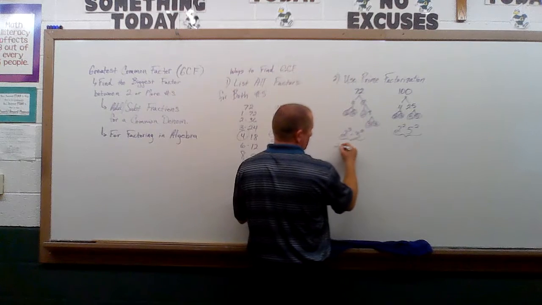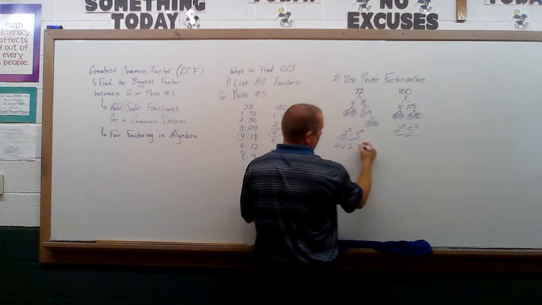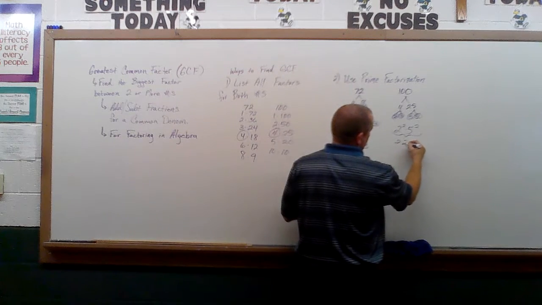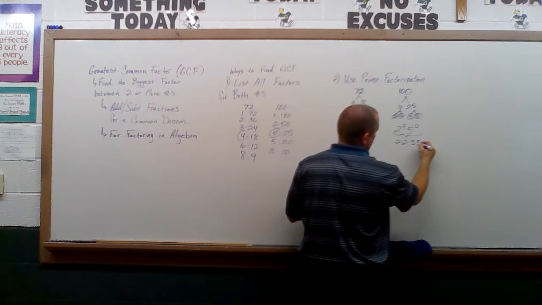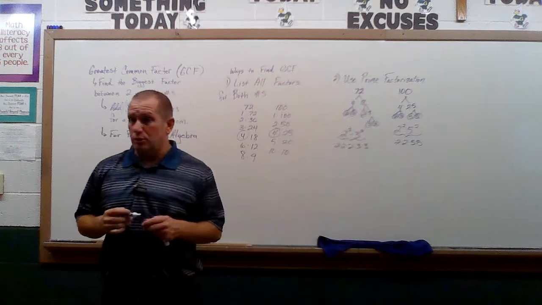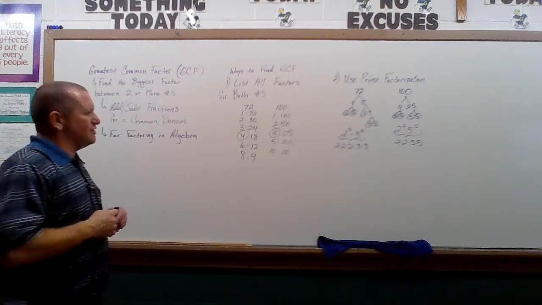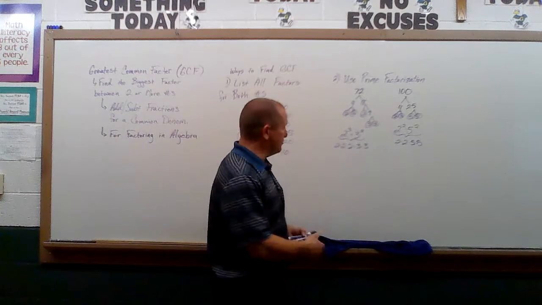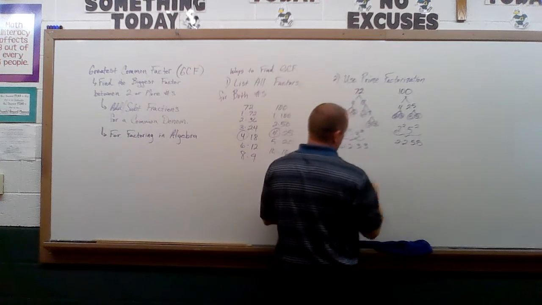Maybe you list them all. And I know we didn't do this last assignment, but it's basically what we did. We just used exponents to do it, right? So maybe you list them all out, and now you're saying, what can I take from both of them? So what numbers can I take from both sets?